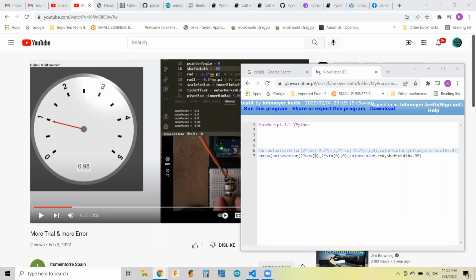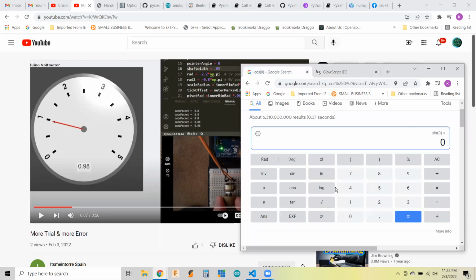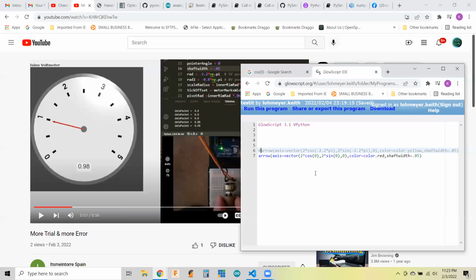So if we have 0, we can go over here, and cosine of 0 is equal to 1, and sine of 0 is equal to 0. So if we go back over here, we have 2 times 1 for X, which is 2, and 2 times 0 is Y.